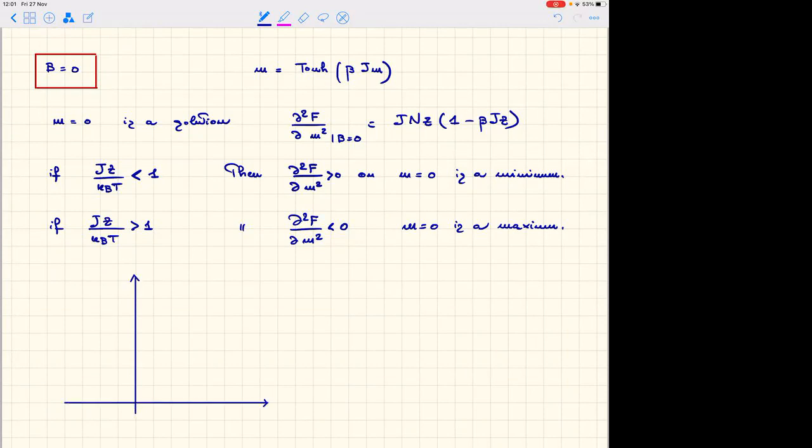So here I'm plotting the free energy versus m. It always goes to infinity for large negative and positive m. And then for temperature T greater than Jz over kB, m equals 0 is a minimum, and then the free energy is going to look like this.